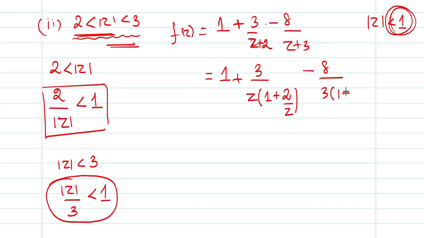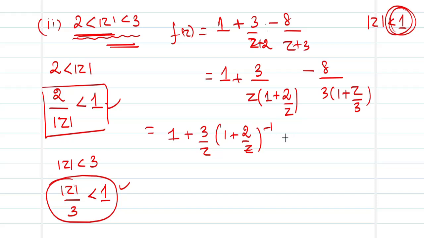So I will have 1 plus z divided by 3. So I have the required format now. I can expand this as a series by taking the quantity to the numerator as (1 plus 2 by z) the whole power -1, -8 by 3 times (1 plus z by 3) the whole power -1.